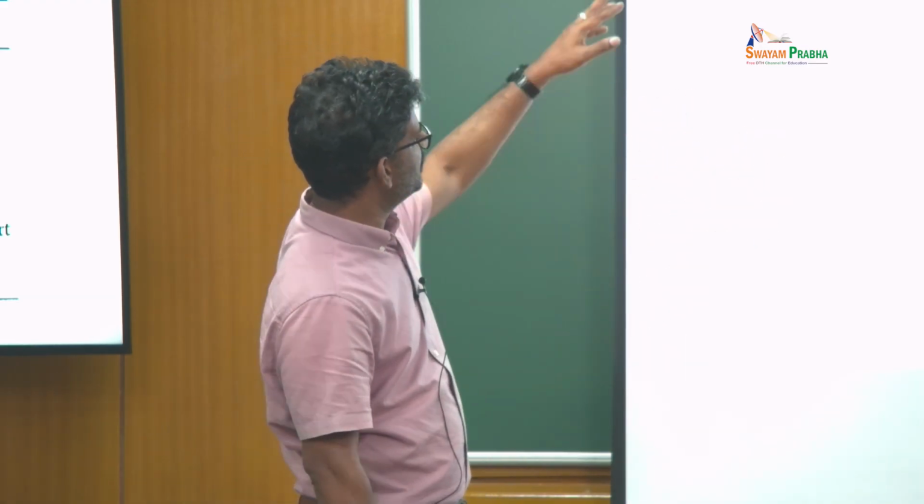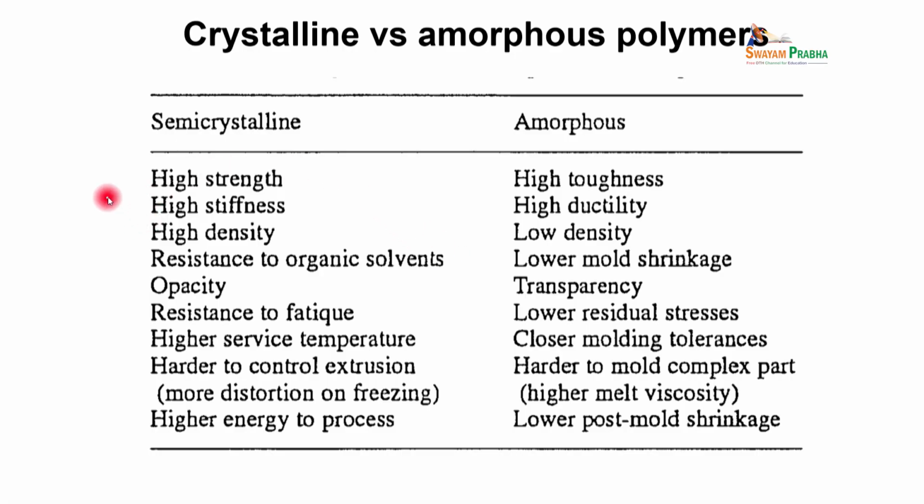When you have a semi-crystalline polymer, they usually have high strength, that means they can support a lot of load, and they are quite stiff, that means rigid, and they usually have high density, they can be resistant to solvents, chemical solvents, and usually they are opaque, that means non-transparent, and they can be resistant to fatigue, they can operate at high temperature because of the crystalline nature, and it's harder to control extrusion and takes high energy to process. So these are all characteristics of a semi-crystalline polymer.